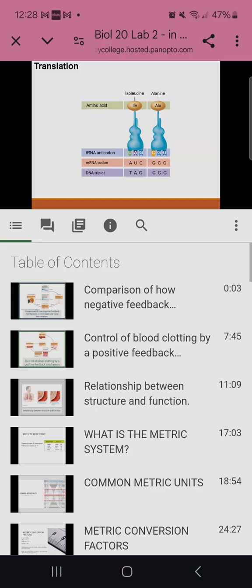Now we have the transcribed messenger RNA, and each 3 letters is a codon, which codes for an anticodon, so A becomes U in RNA, U is A, C is G. Then we have UAG, and the tRNA brings the complementary amino acid for UAG, which is isoleucine, and that's 1 amino acid.